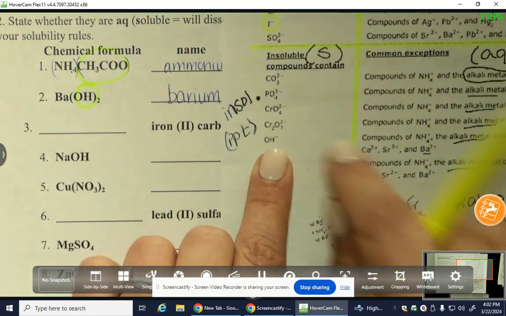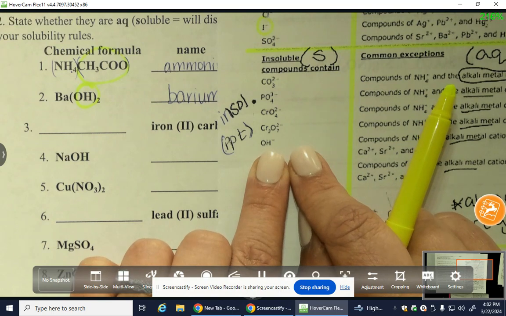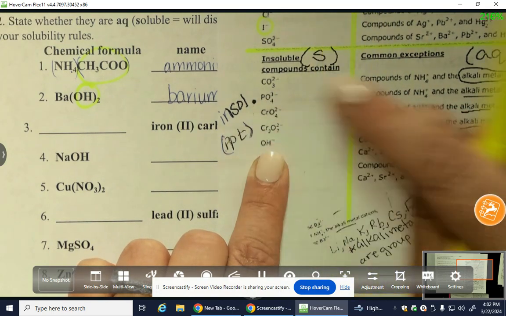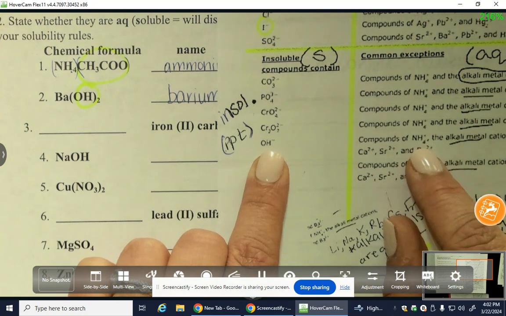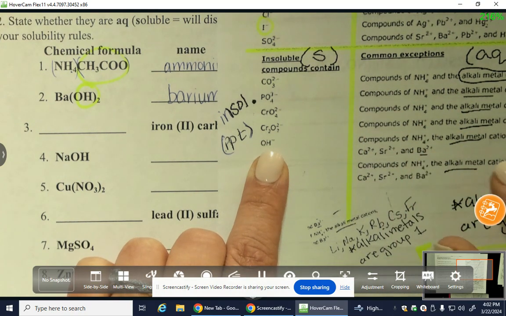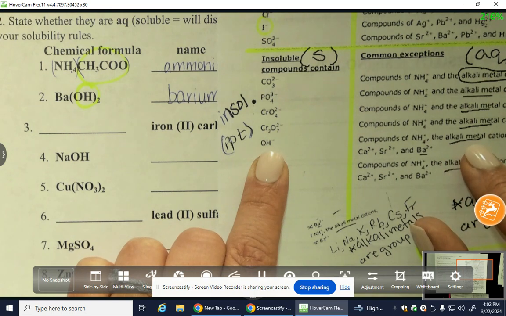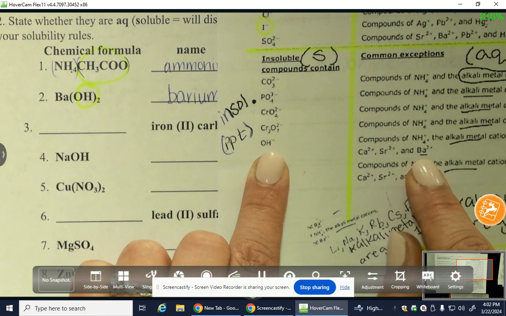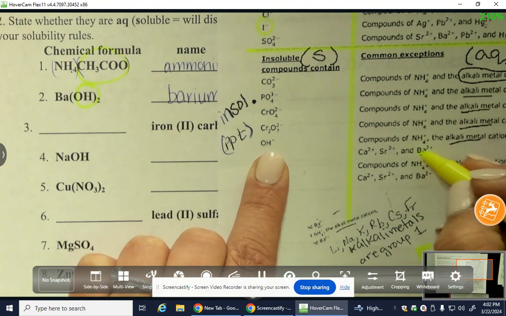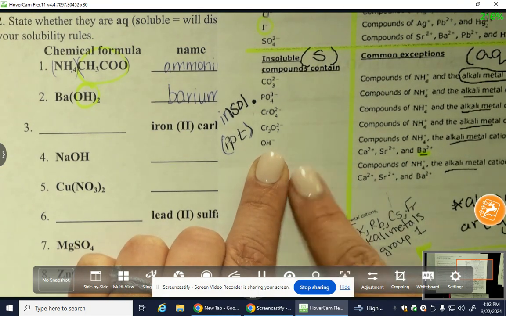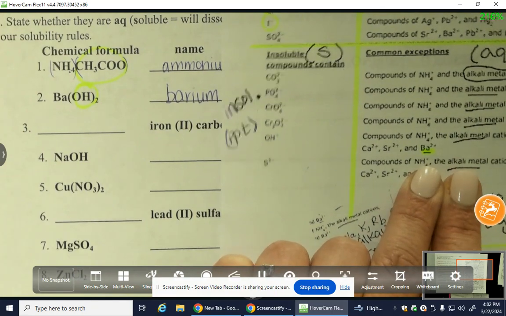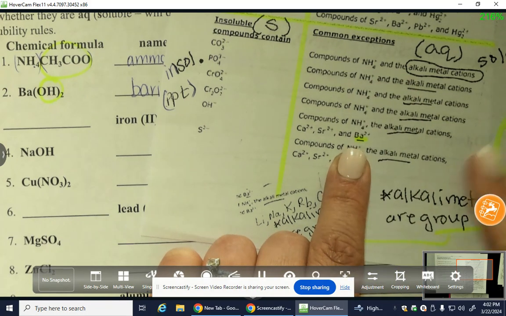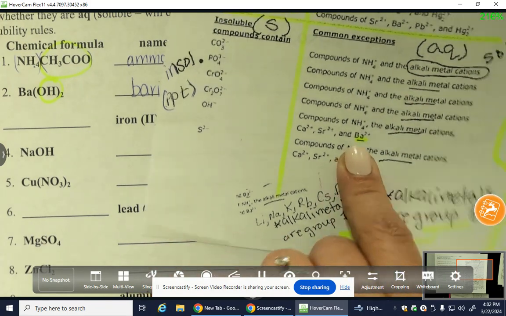Hydroxide is insoluble unless it's with NH4 or an alkali metal or calcium, strontium, barium. Is it with any of those? It's with barium. So we're in this quadrant. That's where we're ending. So now what's the answer? We're soluble. We're aqueous.